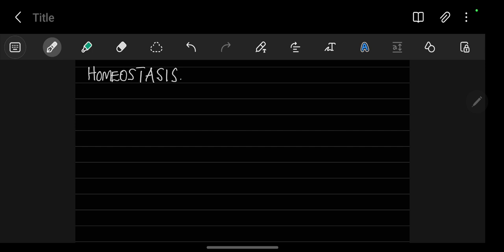When you look at homeostasis from your books, you will find out that it has 6 subtopics. These are the main subtopics, and the first one I'm going to look at is the introduction, having general principles.